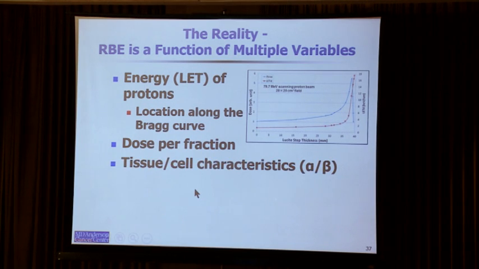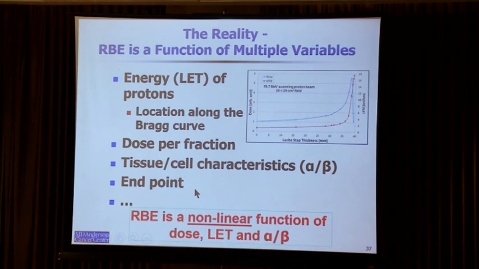It is a function of cell type, alpha-beta ratio, or tissue type. And it is a function of endpoint, whether it's cell death or cell mutation or any kind of damage. It depends on what you're looking for. It could be changes on images. So the endpoint determines the RBE. There are many factors, and perhaps more, for example, oxygenation level.